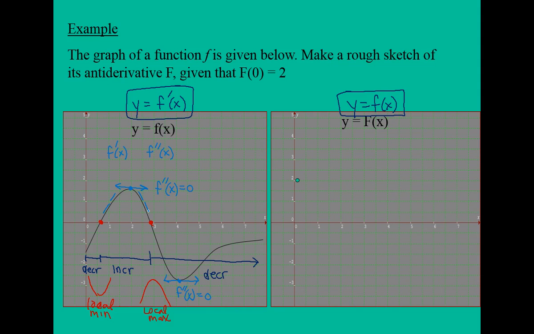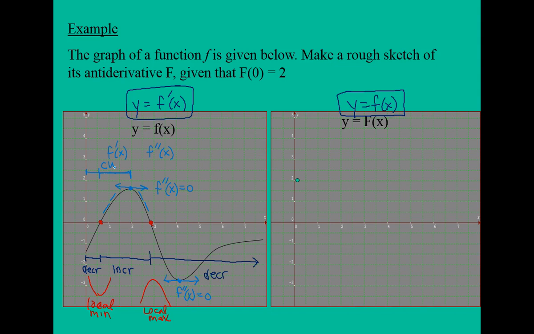And we know that if the second derivative changes from positive to negative, we have a point of inflection there, and it's concave upward because the second derivative is positive from 0.6 to 2, concave upward. So on this interval here, from 0 to 2, it's concave upward.